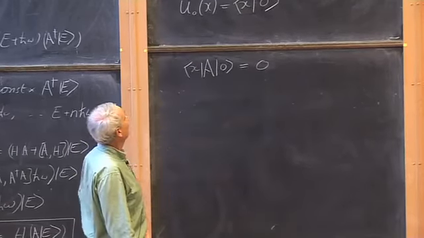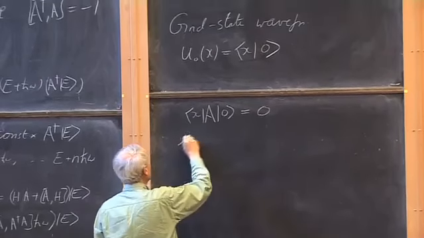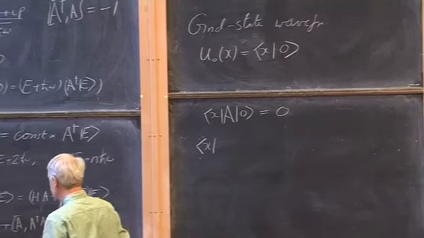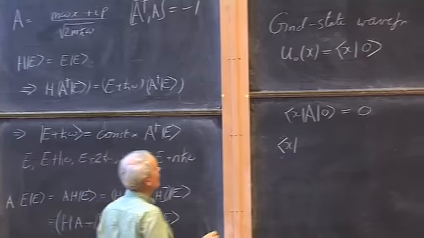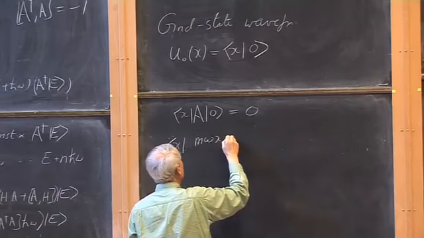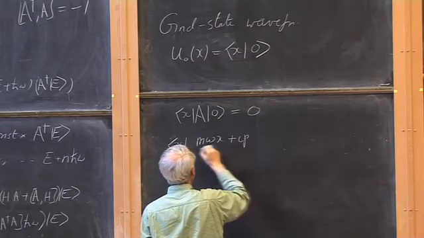And let's write in what A is. So A is m omega x plus IP.